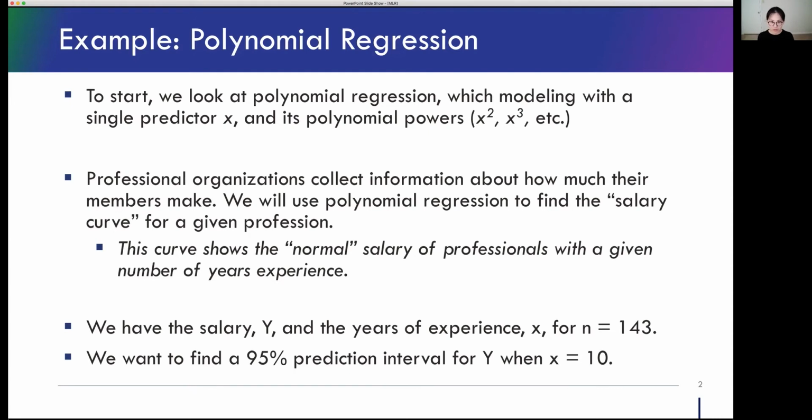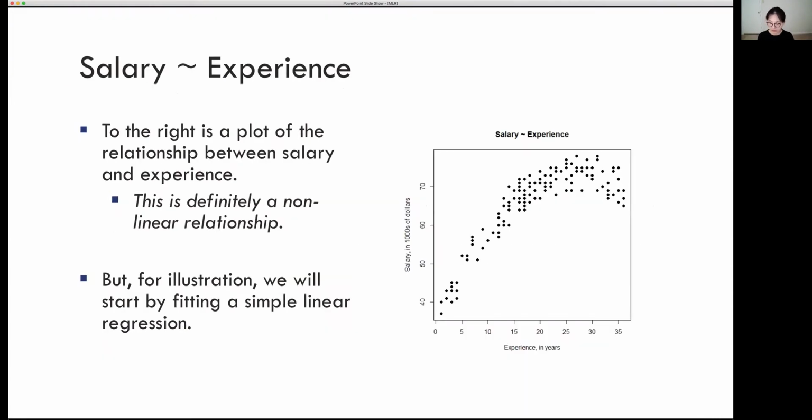Okay, let's take a look at the data and the plot. This plot is showing us our y value, the salary, versus our x value, experience. By just looking at the plot, it's definitely not a linear relationship, right?